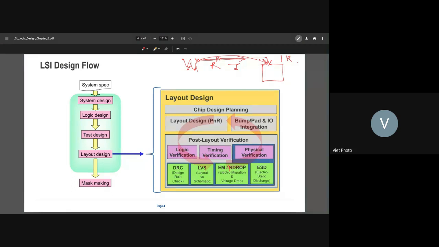They will check the IR drop to make sure it cannot be too much. Usually they allow about 2-3%. To make that happen, they have to have a very dense, very good power grid. When you hear the name grid, it means like this. The power grid is like this.